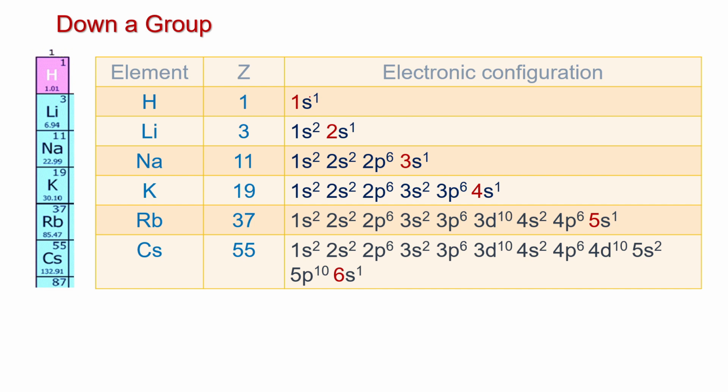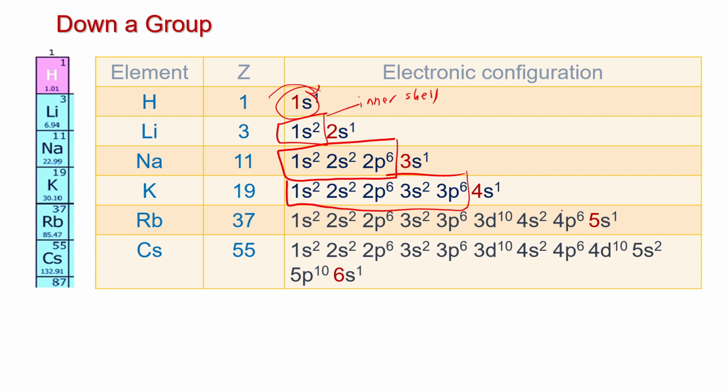So kalau untuk hydrogen, dia hanya ada satu shell, jadi tak ada inner shell yang akan screen nucleus attraction kepada valence electron. Tapi untuk lithium kita ada satu inner shell. Okay, untuk sodium ada 2, untuk potassium ada 3, untuk rubidium ada 4.